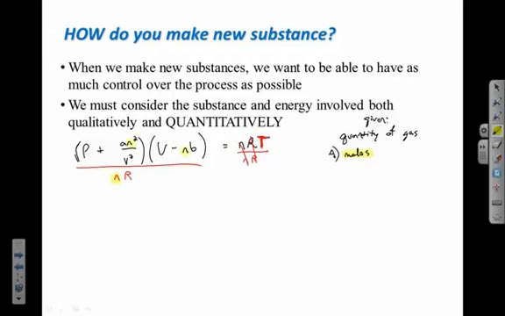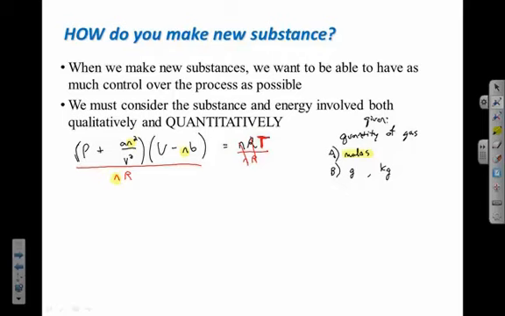I might give it to you instead in grams or kilograms, in which case you would need to do some conversions to convert from kilograms to grams, and then ultimately from grams to moles, and you convert from grams to moles using the mass on the periodic table.